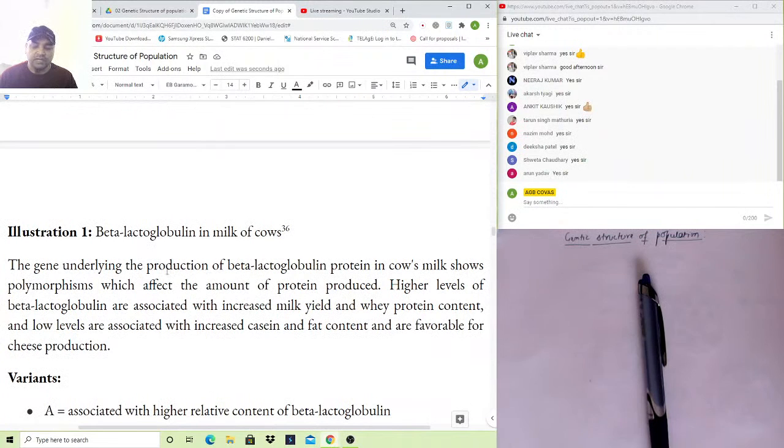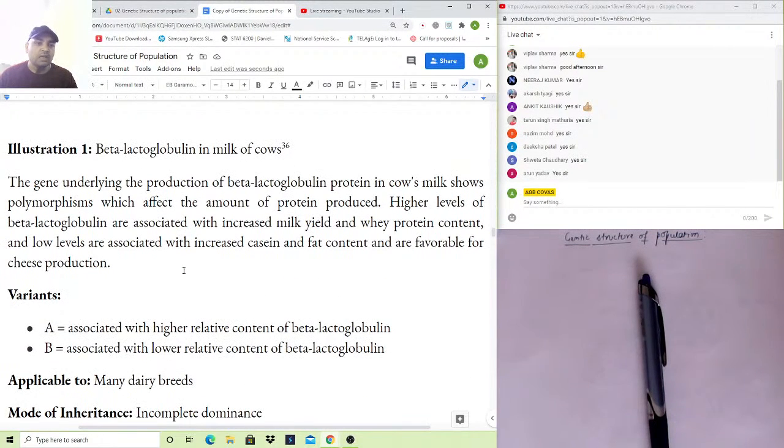The first illustration I will introduce to you is beta lactoglobulin in the milk of cows. Let us have some background about this gene. The gene underlying the production of beta lactoglobulin protein in cow milk shows polymorphism, which affects the amount of protein released.